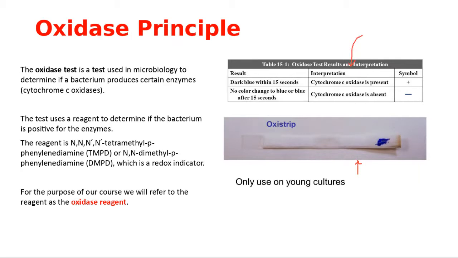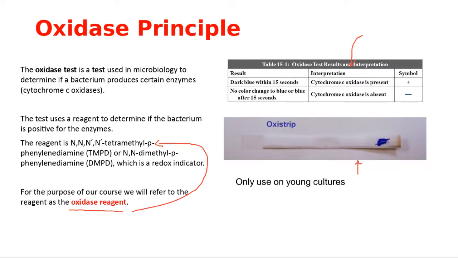So from now on, I'm going to let you cheat just a little bit, so that when I ask what's the reagent used in the oxidase test, all you're going to have to answer is the oxidase reagent, and we're going to mean that thing when we talk about the oxidase reagent. That's just too big to remember. And can you imagine writing that on a practical, and how many people would misspell that? That's an amazing word. Okay, so we're going to say it's the oxidase reagent.